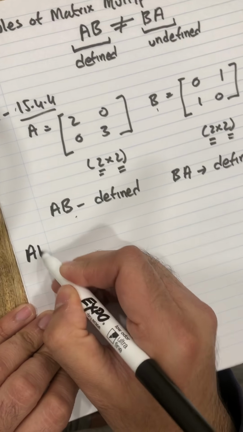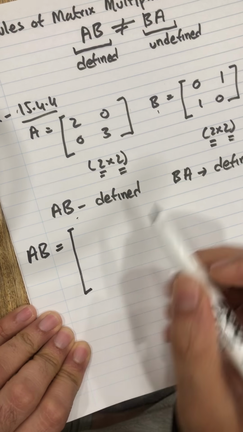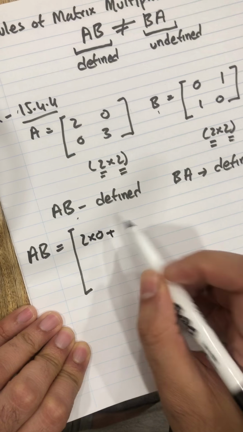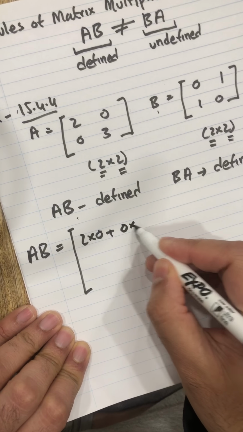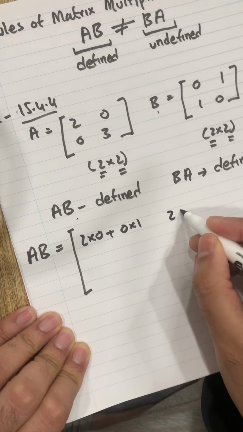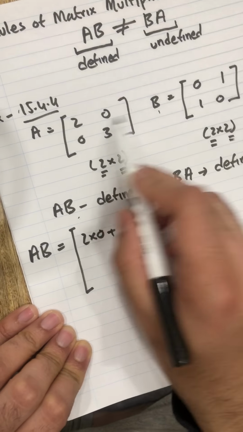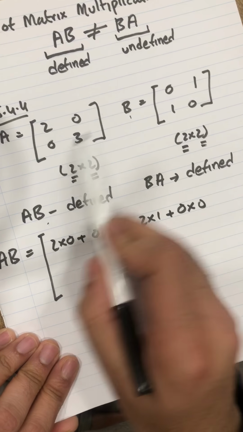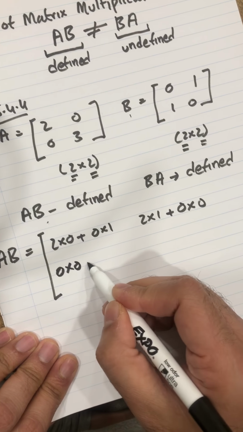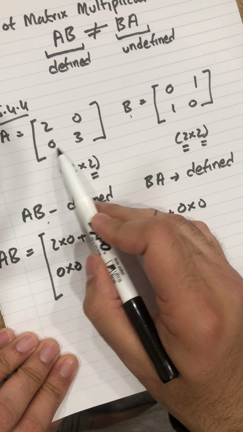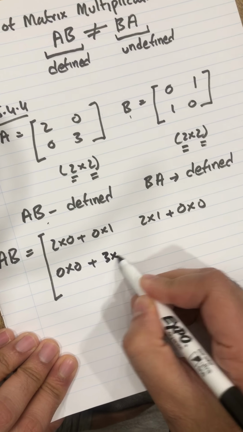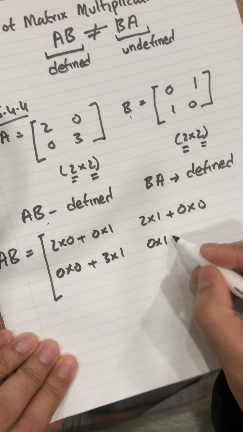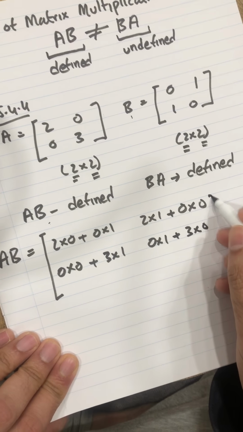So let's do A into B first. What is A into B? Remember, it's 2 into 0 plus 0 into 1, 2 into 1 plus 0 into 0, and then 0 into 0 plus 3 into 1, 0 into 1 plus 3 into 0.